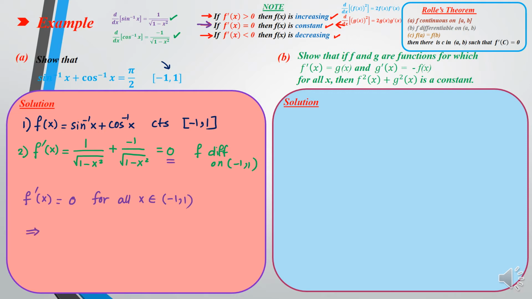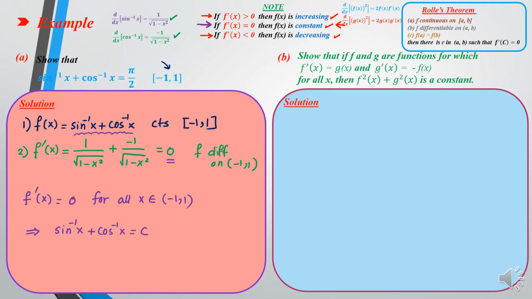So inverse sine x plus inverse cosine x equals c. It is a constant in the given interval. So sine inverse of x plus cosine inverse of x equals c.